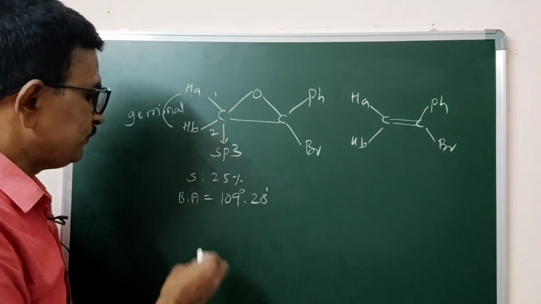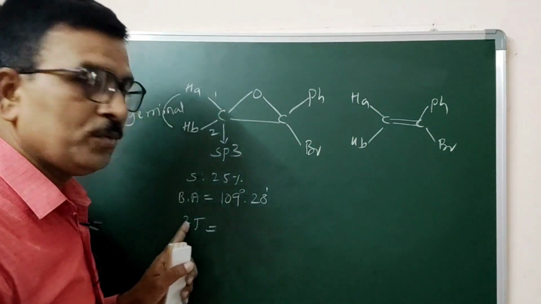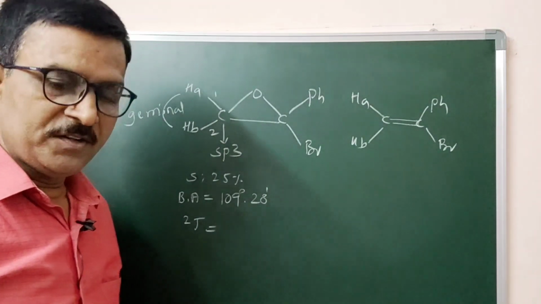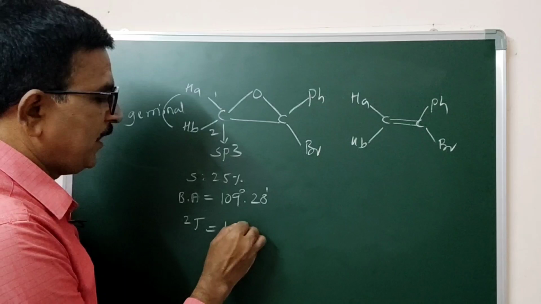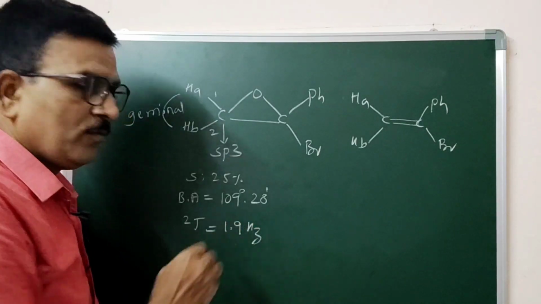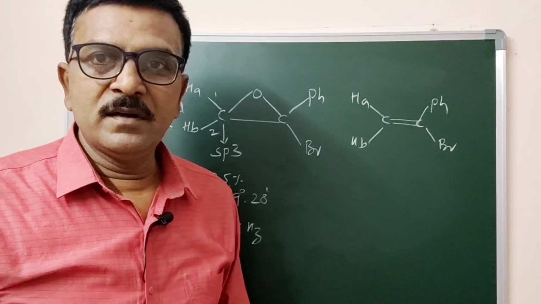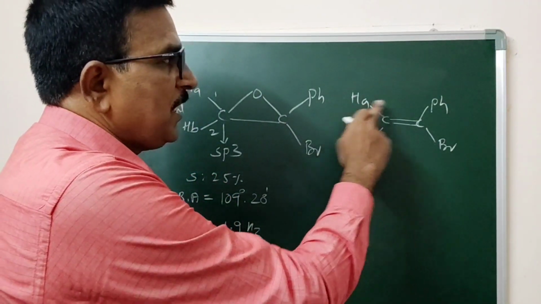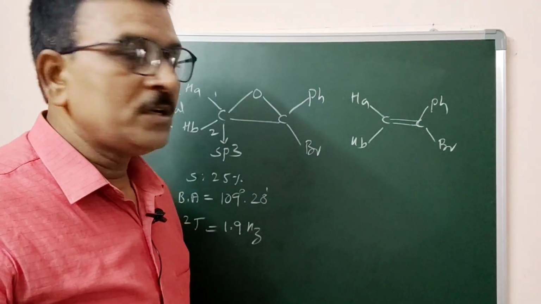Now the 2J geminal coupling constant value is 1.9 Hz.